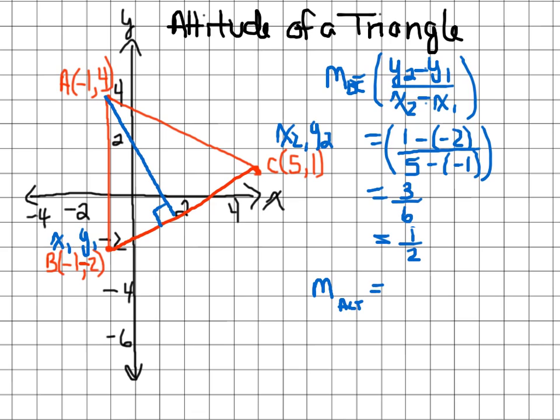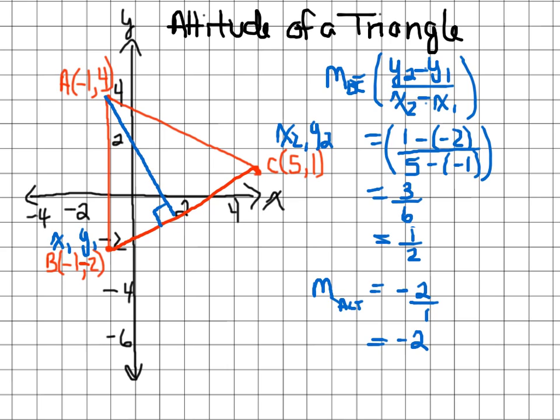The original slope is positive, so this one's negative, and I'm going to take the reciprocal of 1/2, which gives me -2/1, and that is equal to -2. So I know the slope of this line here is -2.